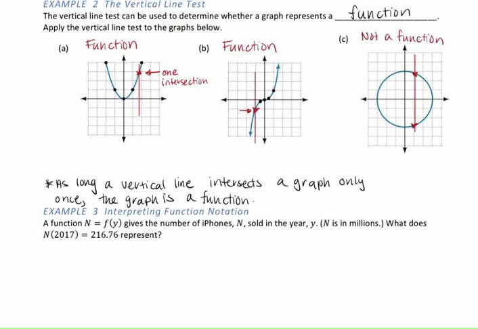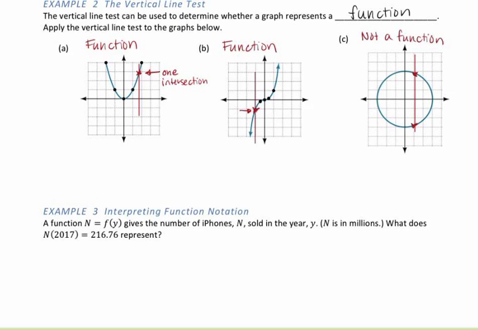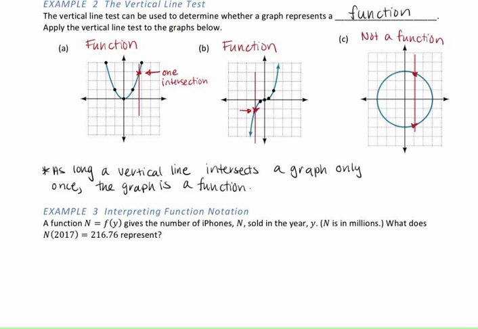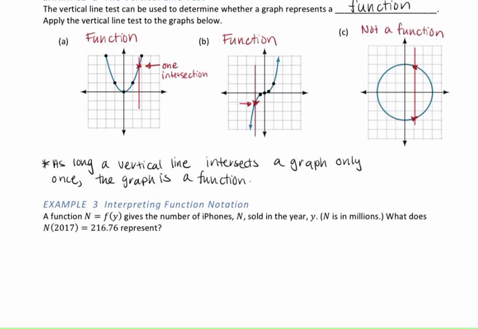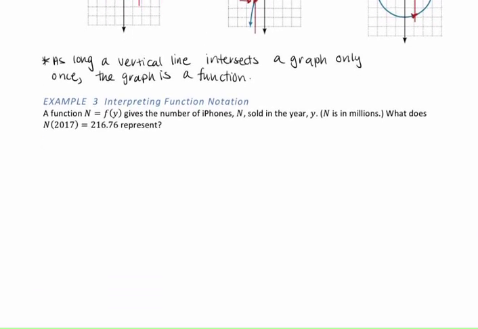Now let's interpret function notation. For example 3. A function, capital N equals f of y, gives the number of iPhones n sold in the year y. N is in millions. What does n of 2017 equals 216.76 represent?